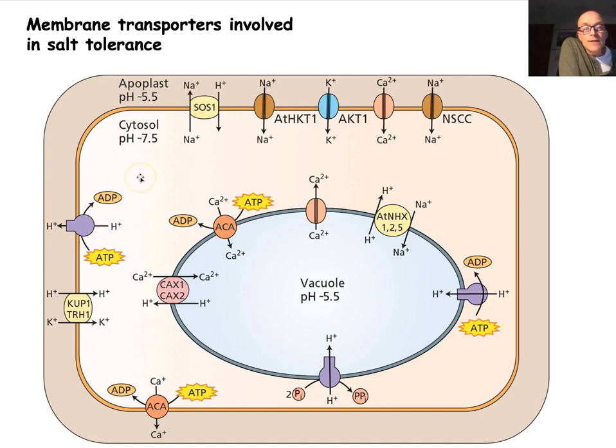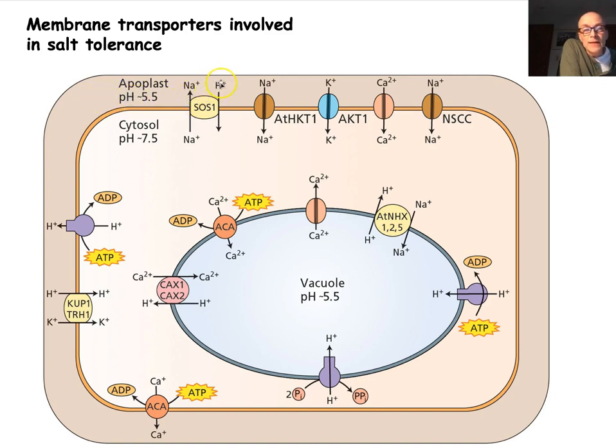And now you can see what the plant can do with this currency, if you will, of a hydrogen gradient. Hydrogen being pushed out here, hydrogen being pushed out here. Now it has a bunch of hydrogen in the vacuole and on the outside that it can use to do some of the work that it would like to do in order to maintain the enzyme activities that it requires.